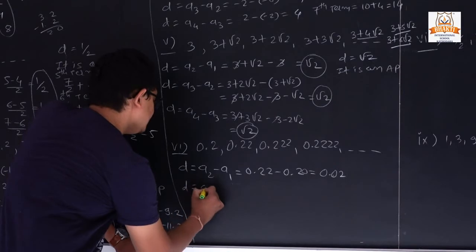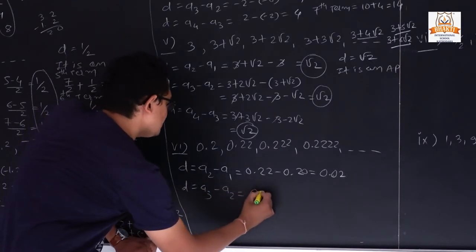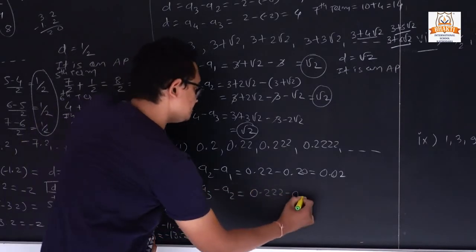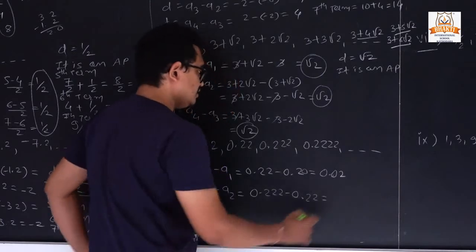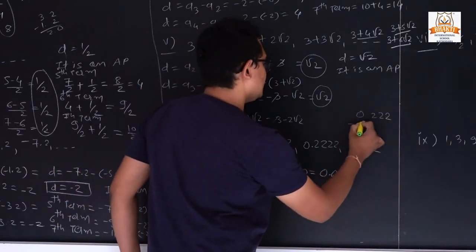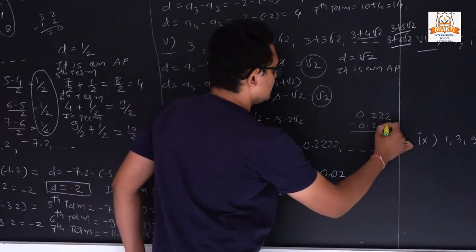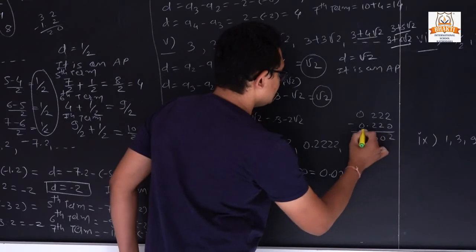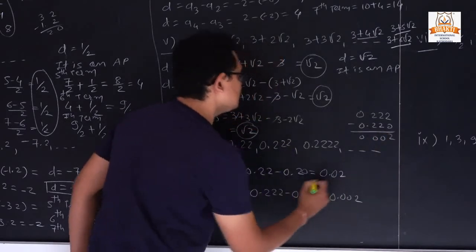Clear? Next, third minus second: 0.222 minus 0.22, so it is 0.002.